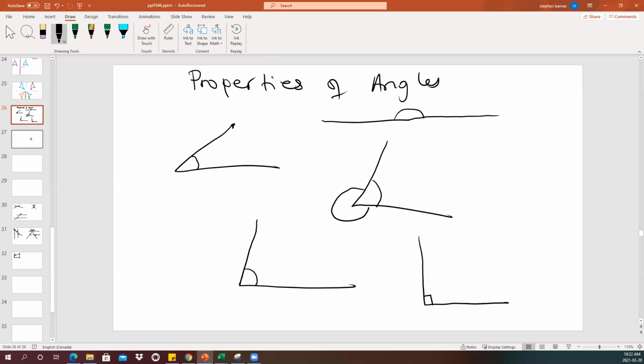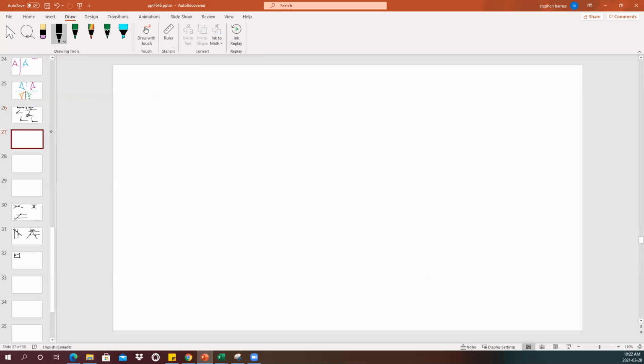Now, angles are classified based on the range in their size. And this classification that we're going to look at is more for you to be able to understand the technical language. So for example, if you are given a question and the word acute or obtuse is used, you know exactly what that means, right?